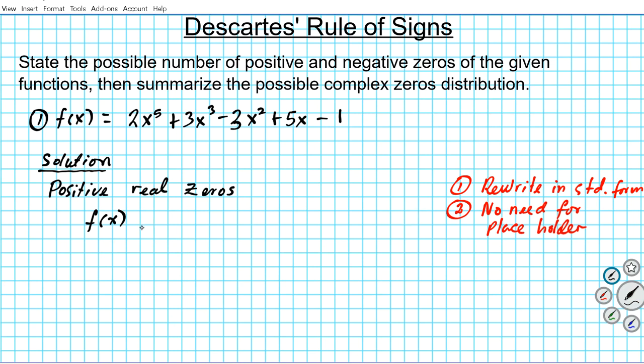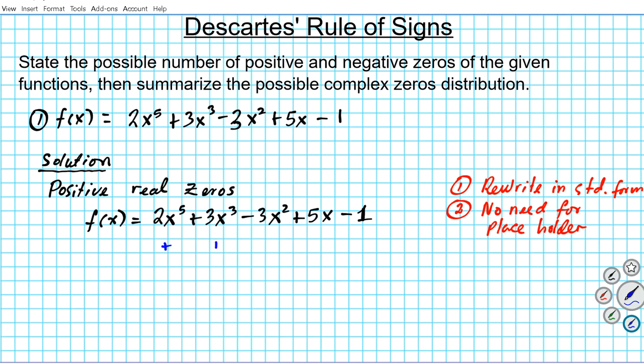All right, so let's write the polynomial f of x is equal to 2x to the 5th plus 3x to the 3rd minus 3x squared plus 5x minus 1. So for the possible number of positive real zeros, we're looking for the number of sign changes or sign variations for f of x. All right, so let's outline what the signs are for each term. The first term is positive.